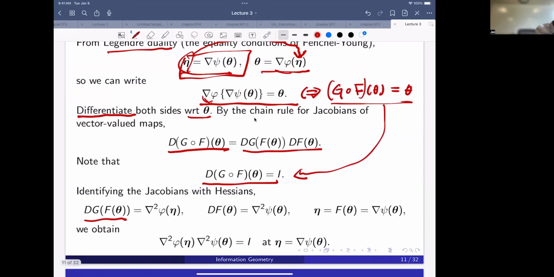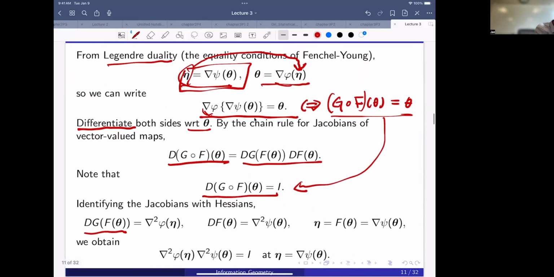This is f of theta, and the derivative of psi, it's just a notation, is phi prime of eta, and this other one is psi prime of theta.